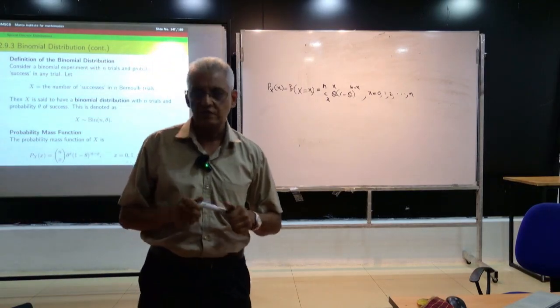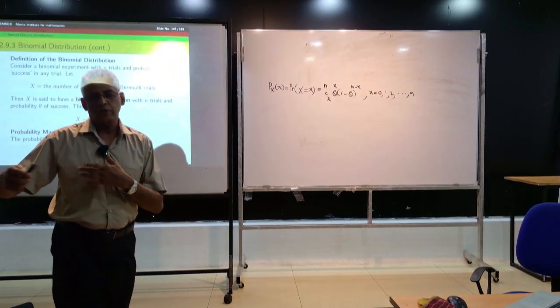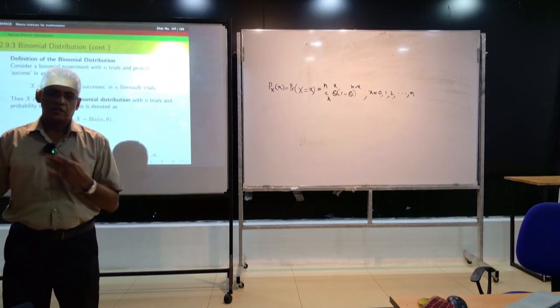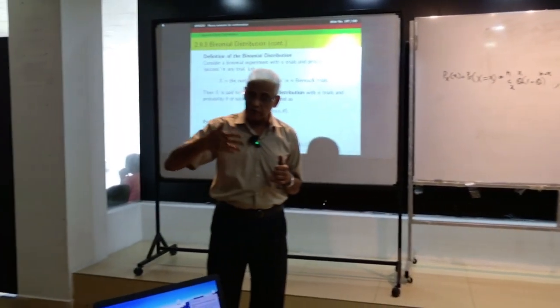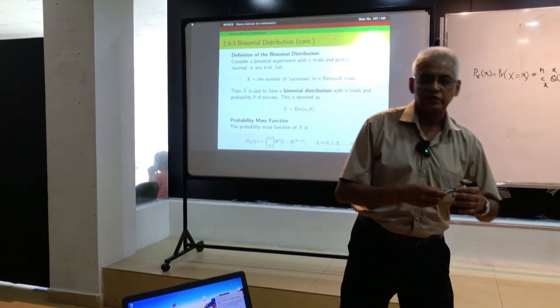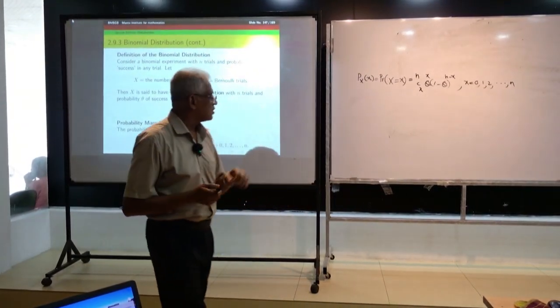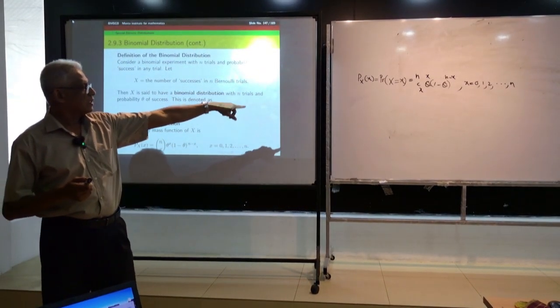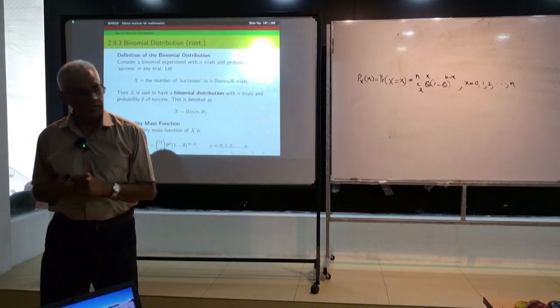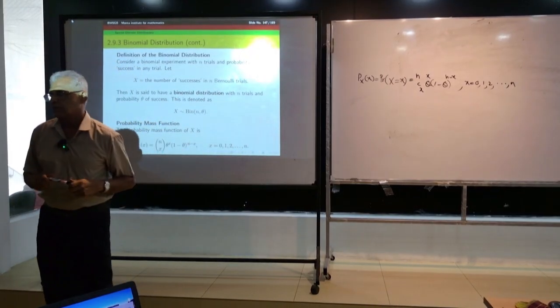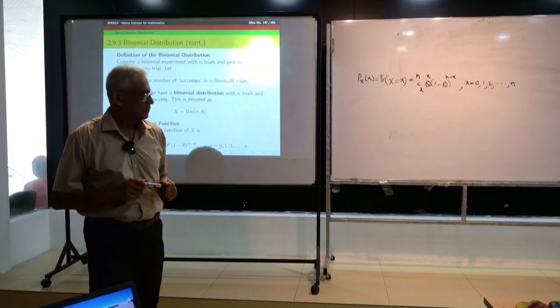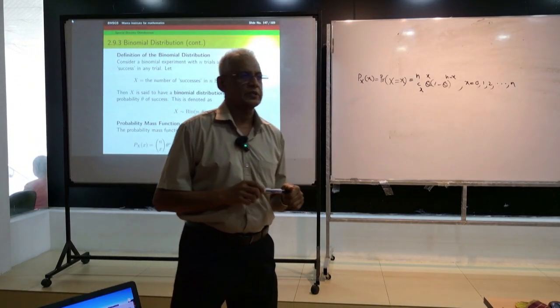If you know the value of theta, for example theta equal to half, you can just put in 10C3 times half to the power 3, times 1 minus half to the power 10 minus 3. That will give you the probability.